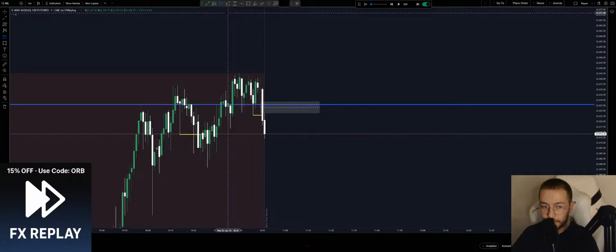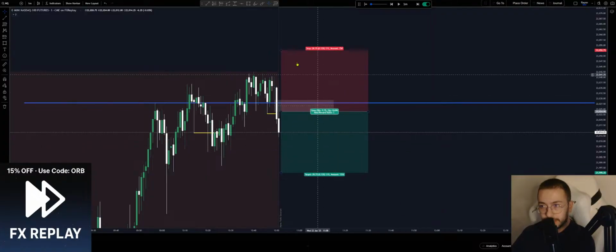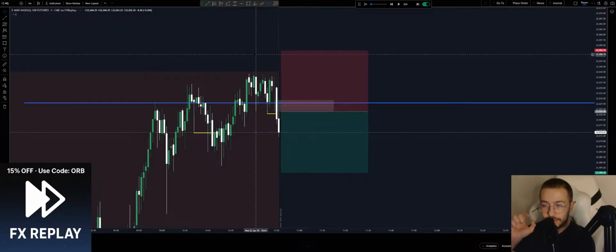Hello, Nelly. How can you risk the same amount in dollars even if the number of points is different? Sometimes your stop loss is big. Yeah, that's backtesting, bro. See, that's the difference between backtesting and live trading. So in futures, you cannot risk a fixed amount. It's only in forex.